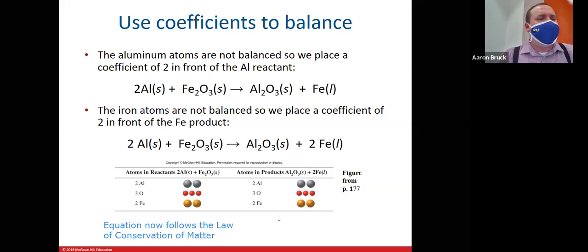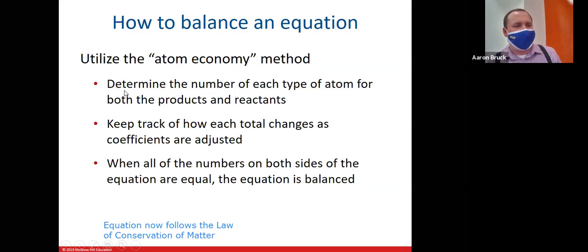So how do we get to this spot? If I give you a random equation, how do I know what to do? Well, luckily there are some procedural steps that can help us to figure out how to balance equations and how to balance them appropriately. What I advocate for is something I call the atom economy method.